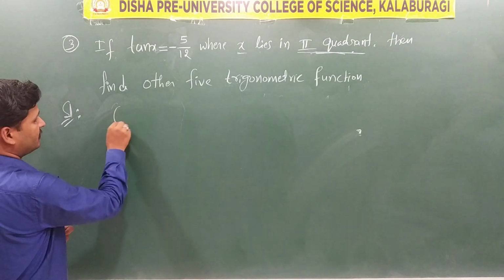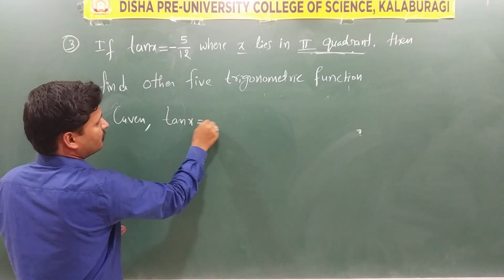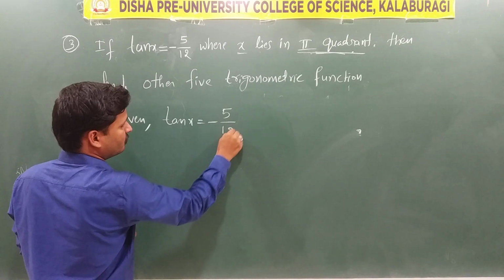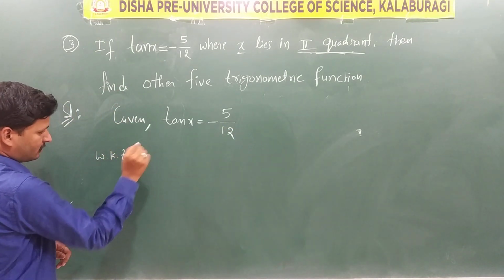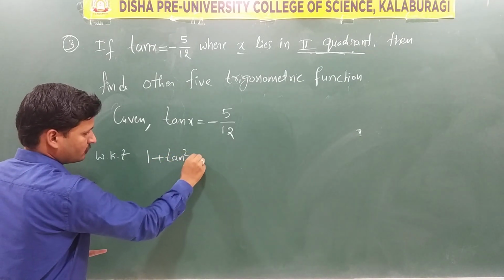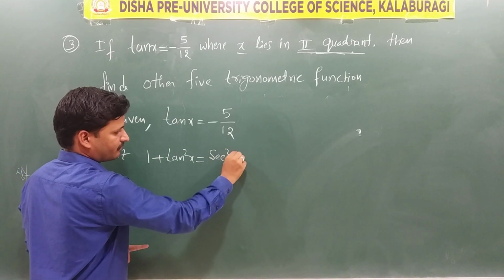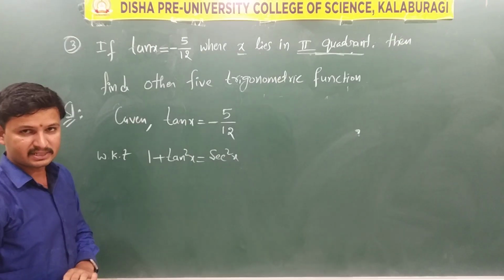So solution: given tan x is equal to minus 5 divided by 12, and we know the identity 1 plus tan square x is equal to secant square x.